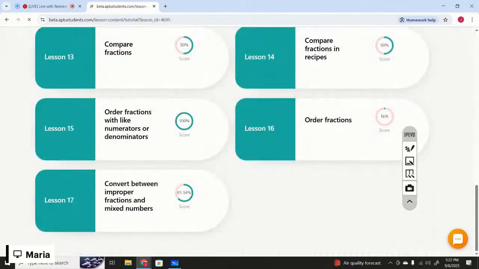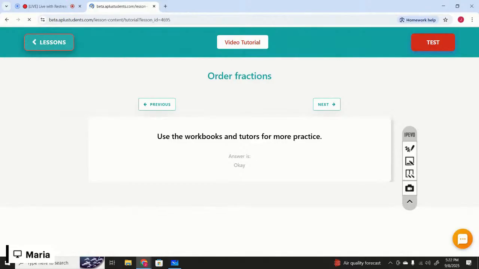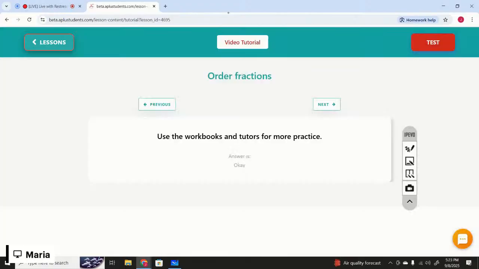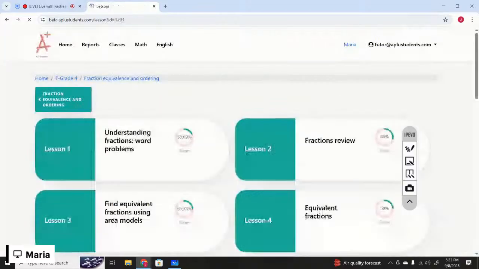The next lesson is order fractions. Okay, use the workbooks.